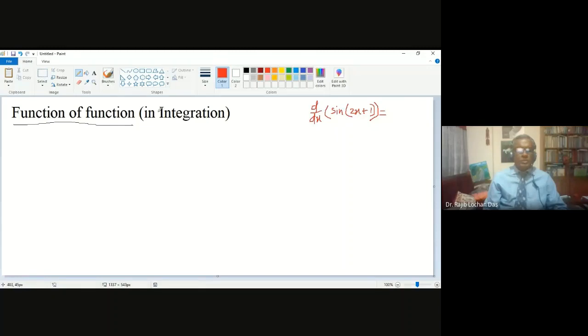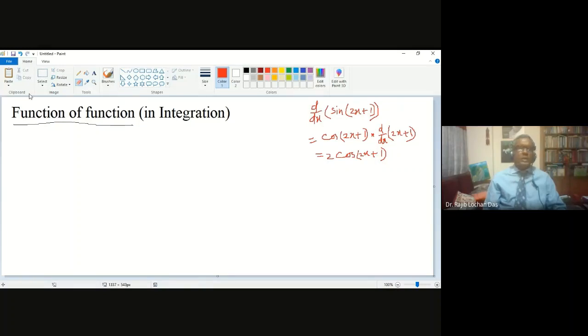It will be cos(2x+1), because you are considering 2x+1 as your x, and then multiplying by d/dx of 2x+1. The differentiation of 2x+1 is only 2. So finally it is 2 cos(2x+1). This is the function of function concept for differentiation.